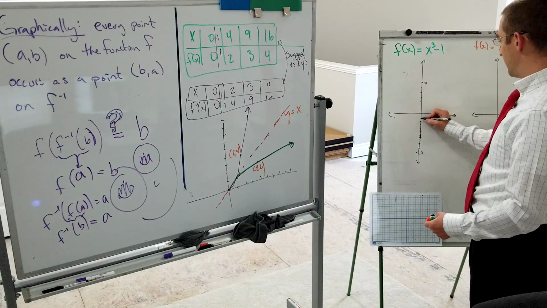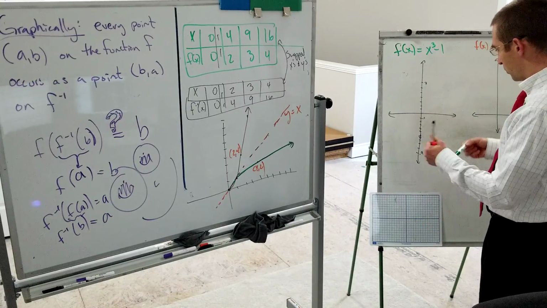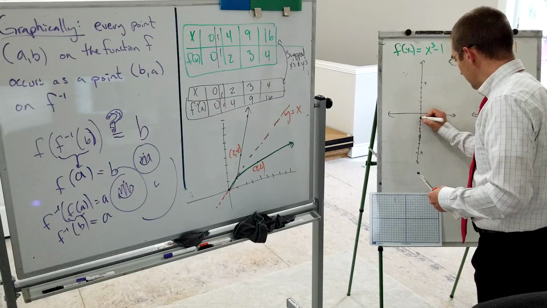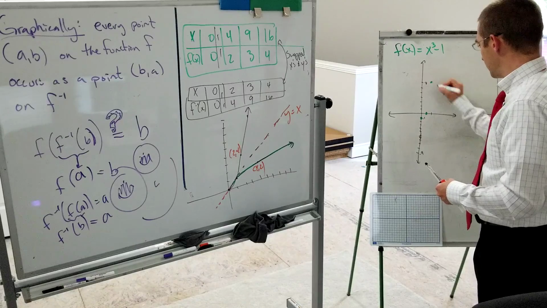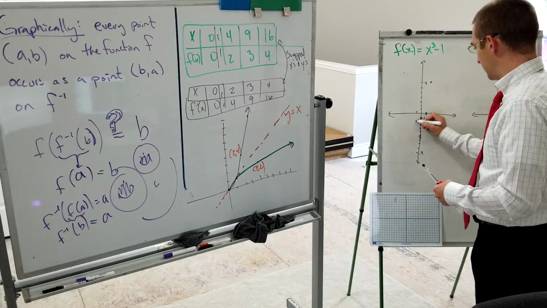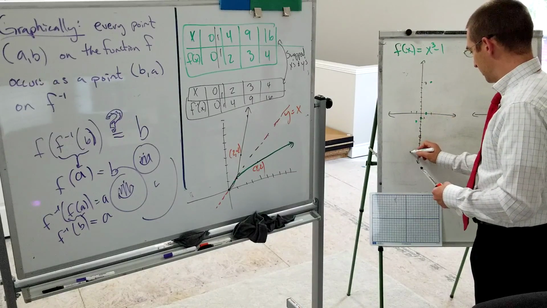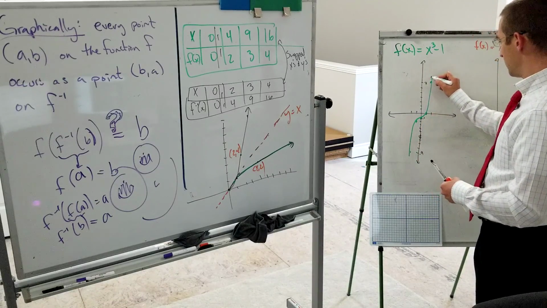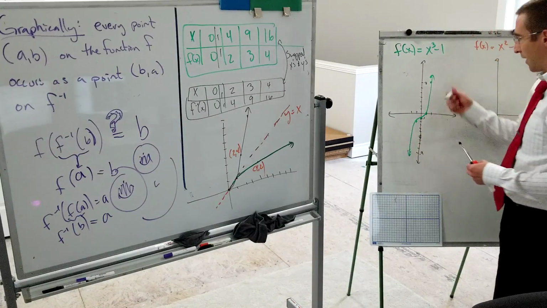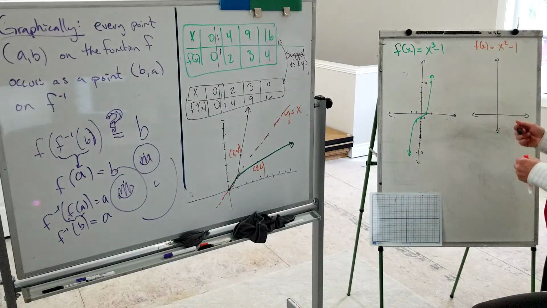All right, so we got green here. 1, 2, negative 1, negative 2. More or less like that. That's what x to the third minus 1 looks like.